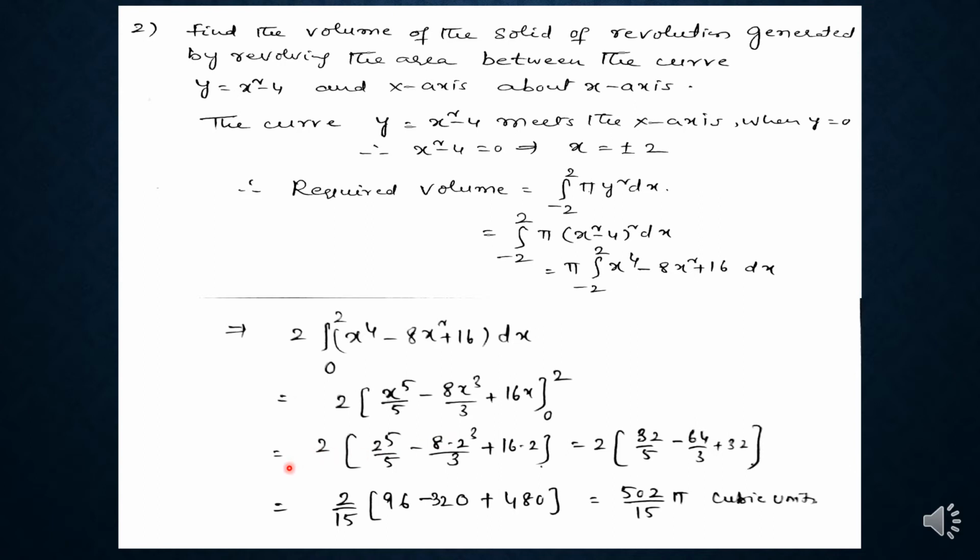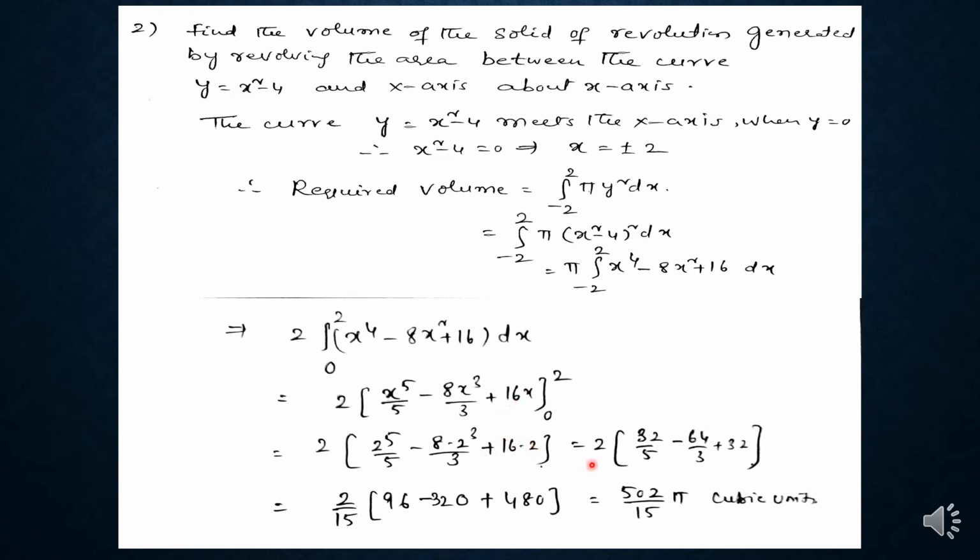Now substituting the upper and lower limits, put x is equal to 2: 2 to the power of 5 by 5 minus 8 into 2 cube by 3 plus 16 into 2, minus the lower limit. By putting x is equal to 0, we get 0 in all the terms, because x is there in all of them, so that becomes 0.